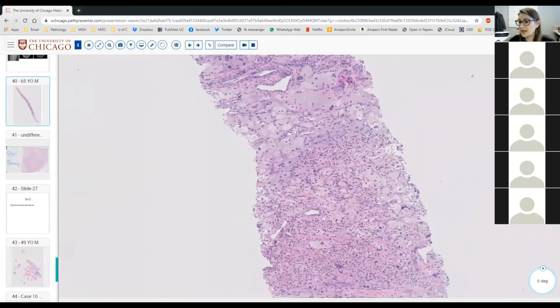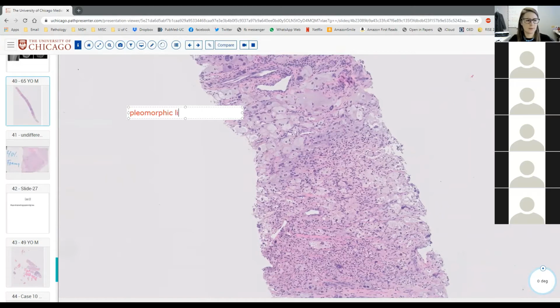I see a lot of you've already mentioned that. I'm going to type in the text: what are the basically three main buckets of liposarcoma that you have to consider? Somebody already wrote pleomorphic liposarc. Okay. And what is MDM2 CDK4 going to help you with?